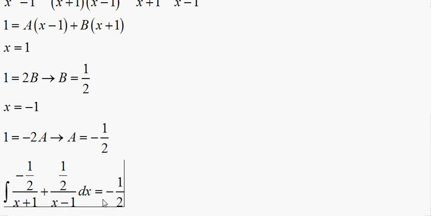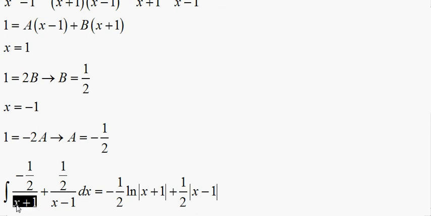which turns out to be negative 1/2 natural log absolute value. Again, that absolute value is very important because you can't have a negative argument. And you put the absolute value because the quantity x plus 1 is allowed to go negative.